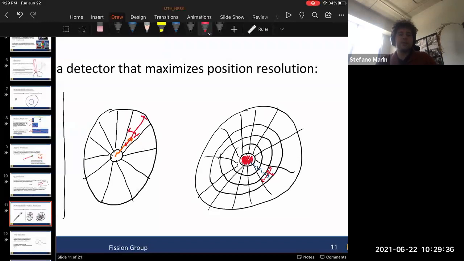So this type of detector really maintains all the capabilities of the large detector fully encompassing, plus it also maintains the capability of reconstructing the position of the interactions, both in terms of just XYZ as well as the angular distribution of the particles.